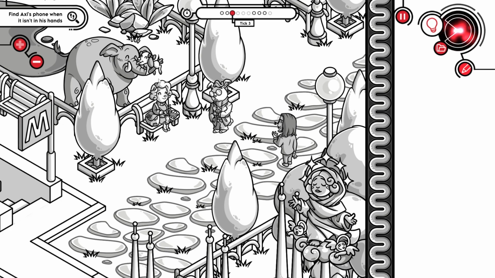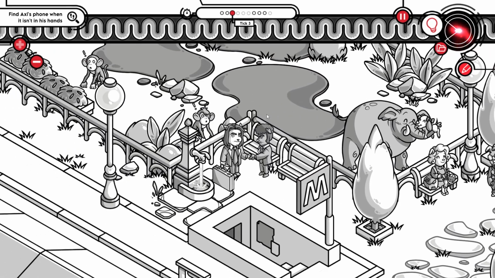Oh, here's John Wick. And the puppy playing with the elephant. Why?